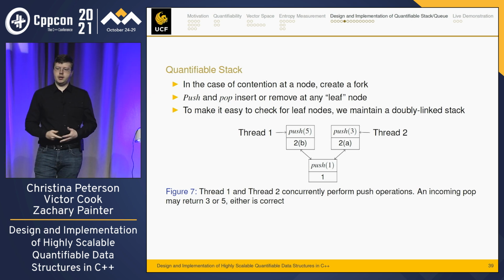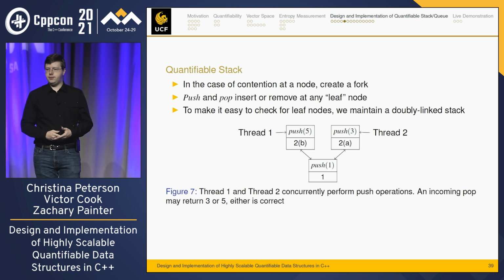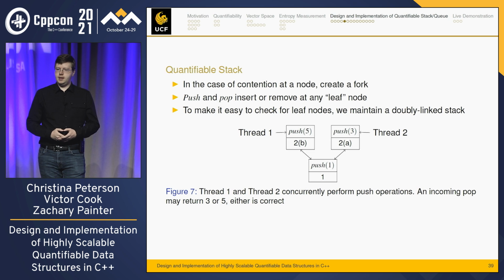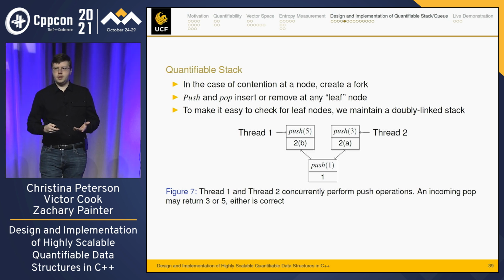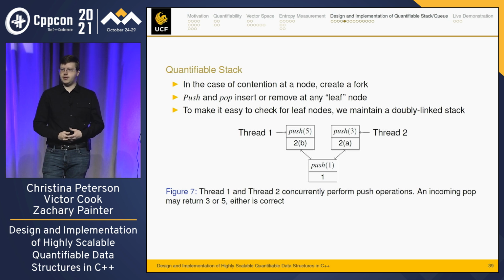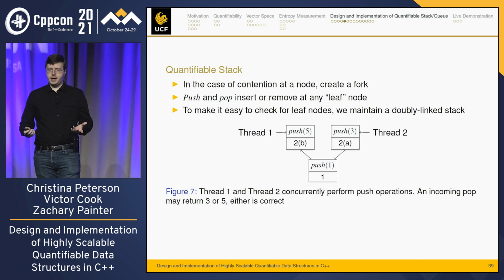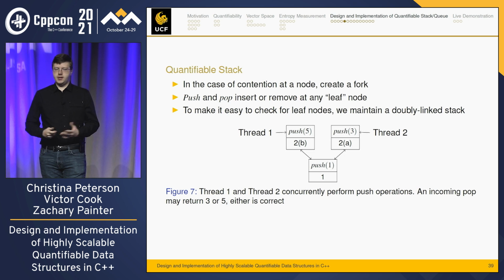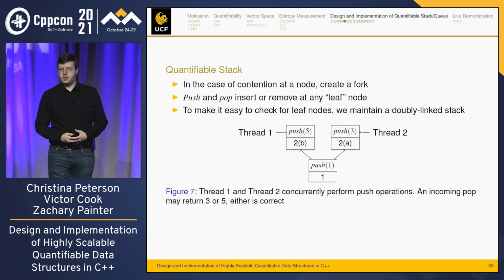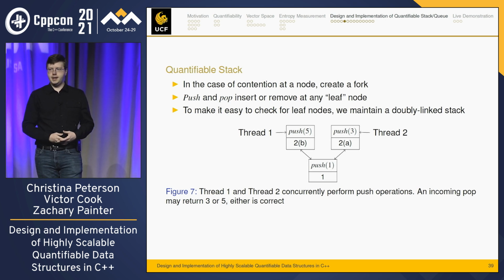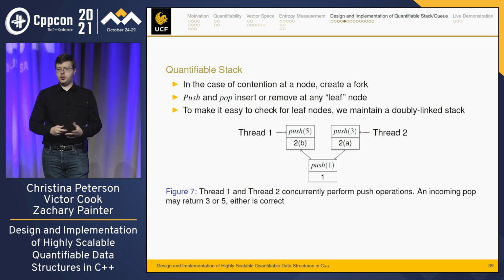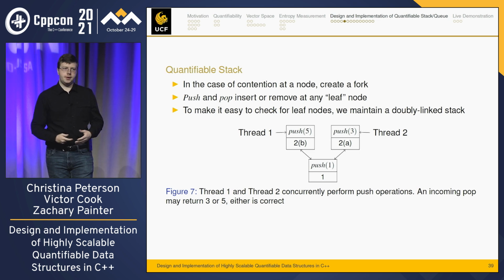In the case of contention in a quantifiable stack, we're actually just going to create a fork. We're leveraging the non-determinism that's already existent in concurrent data structures. We create a fork and have both 5 and 3 exist at the same time at the top of the data structure. At that point, an incoming pop may actually pop 3 or 5. Both would be valid because push and pop can insert or remove at any leaf node.